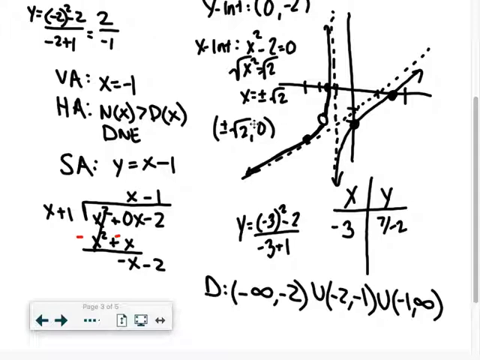The reason why I'm not going to ask you about range for slant asymptotes, I'm going to use green here, but don't draw this in your notes because it's not part of this picture. Sometimes, instead of the branches being where they are in this picture, your branches could look something like this in the skinnier portion.